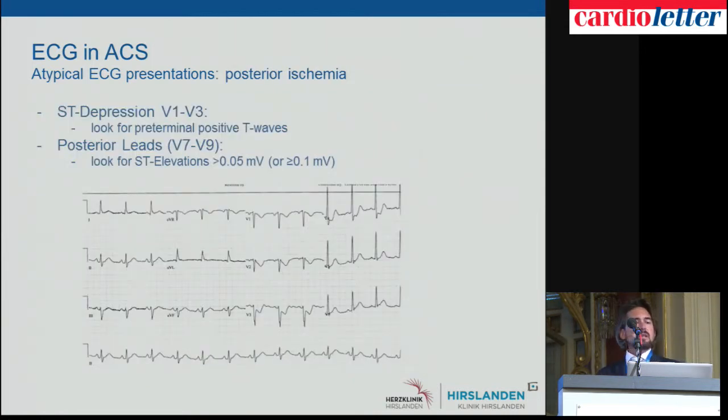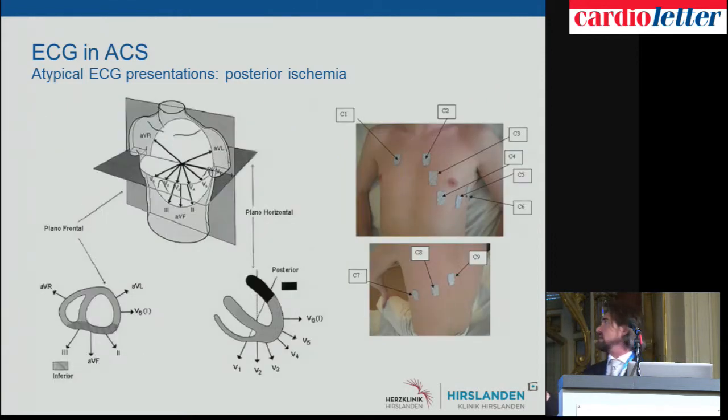Next, atypical ECG presentation, the posterior ischemia. You have to realize that with a 12-lead ECG, you have a blind spot on the heart, and this is usually the posterior wall. You see this here on this slide quite nicely. If you have your leads for the inferior and anterior wall, you here have the posterior wall of the heart, which is not depicted directly by the electrocardiogram.